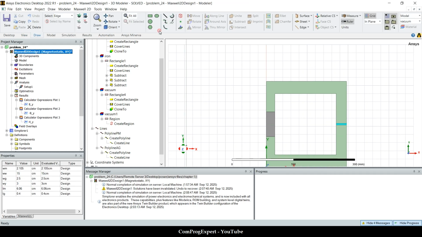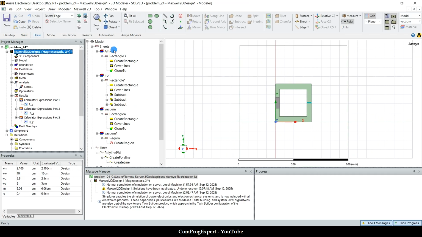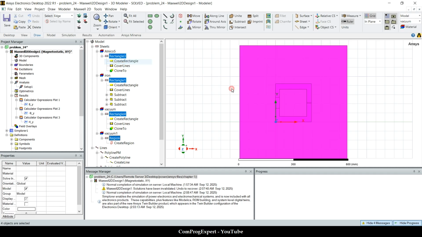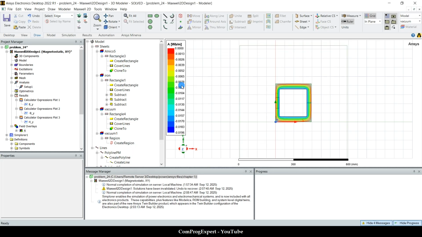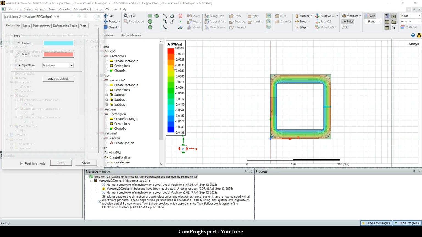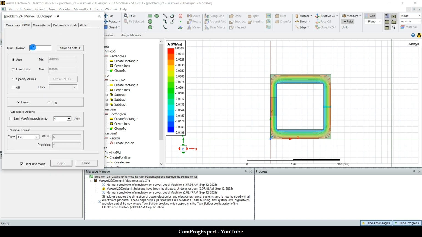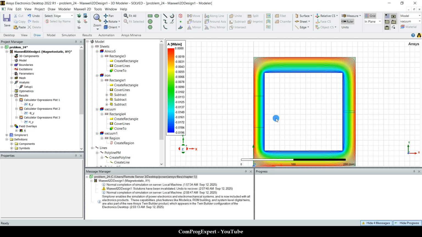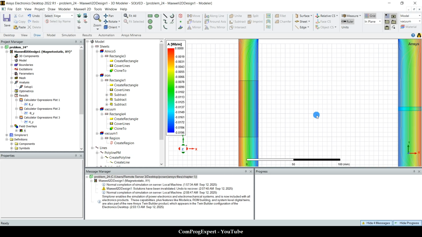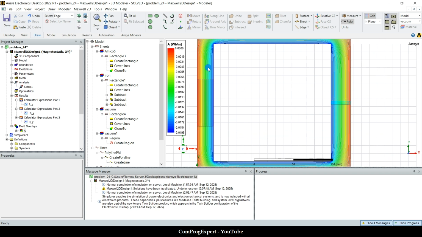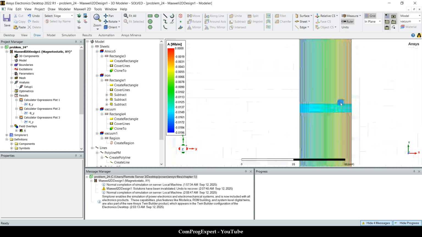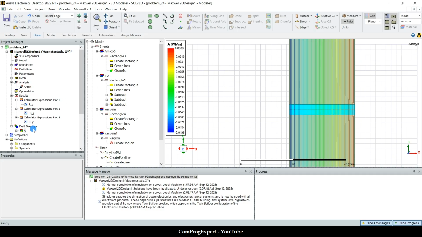So again, if I select all objects and plot flux lines. As you can see, in this case, let's consider 50. We don't have much leakage flux, right? Because we generated a fictitious material and the flux generated by the magnet is passing through the air gap.